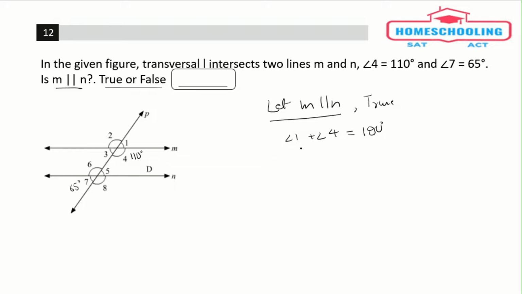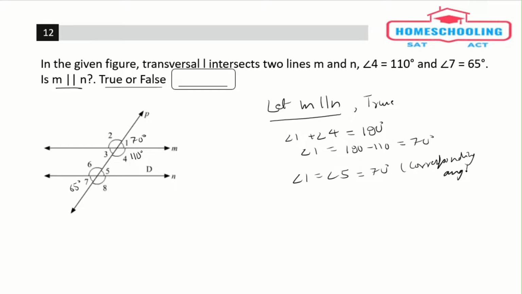If angle 4 is 110, then angle 1 would be 180 minus 110, that would be 70 degrees. So this is 70 degrees, and angle 1 is equal to angle 5, that would be 70, because these are corresponding angles.